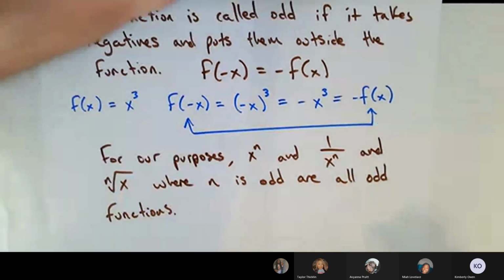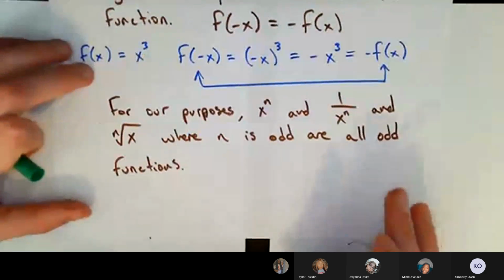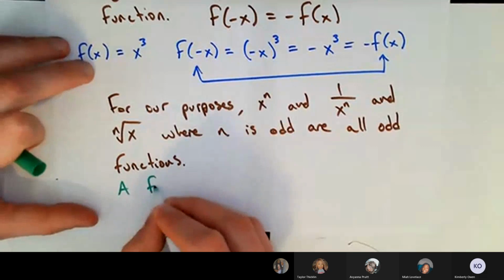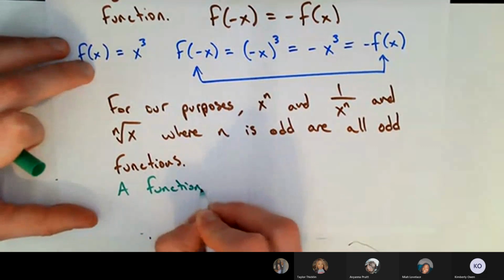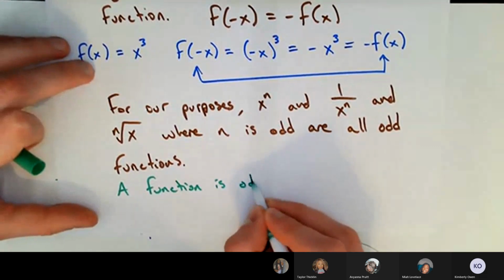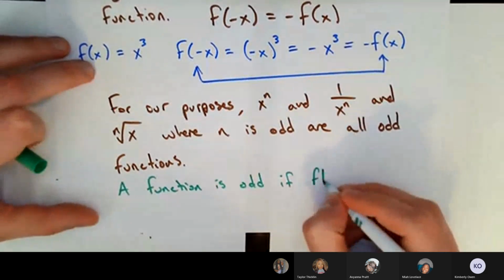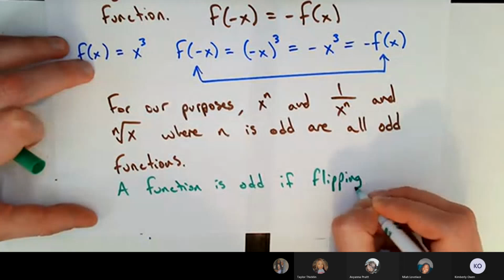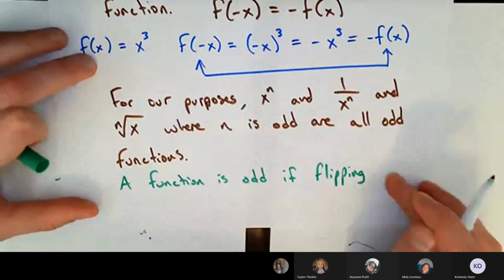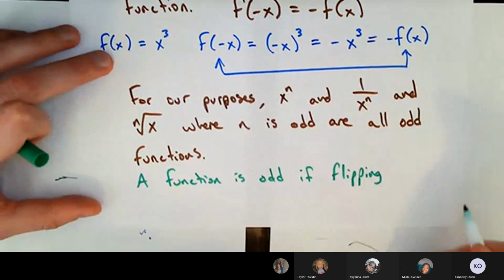And okay, finally, the graphical representation. A function is odd if, so it's not quite exactly opposite to even, right?